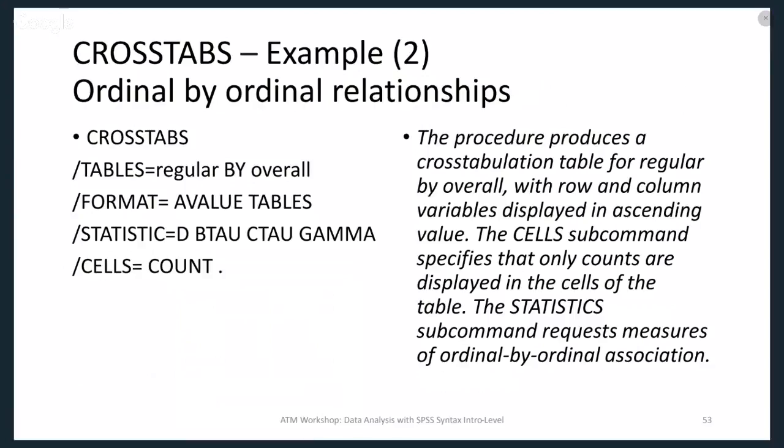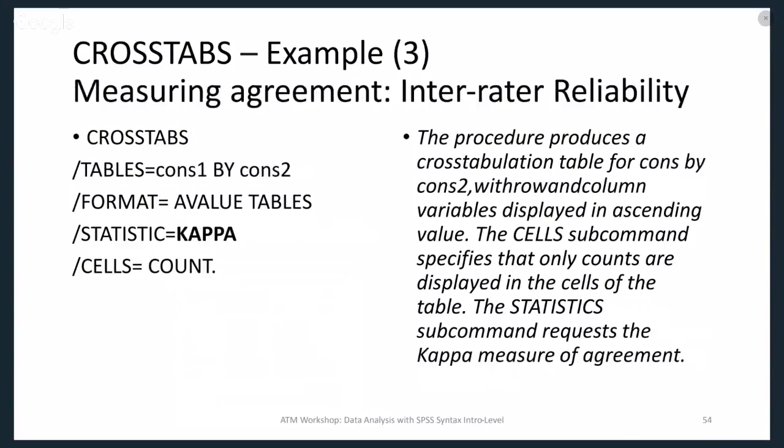So this could be an appropriate method for checking measures of association. And also kappa is more like inter-rater reliability. I think in the intermediate level training, I will talk about inter-rater reliability.